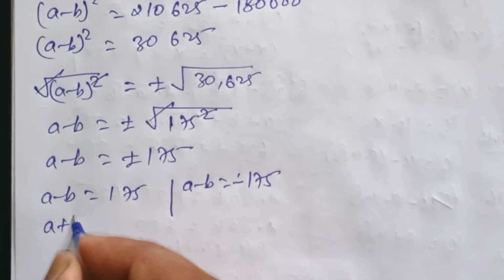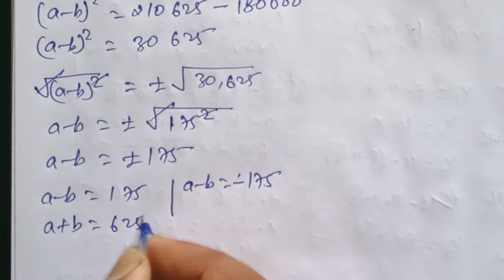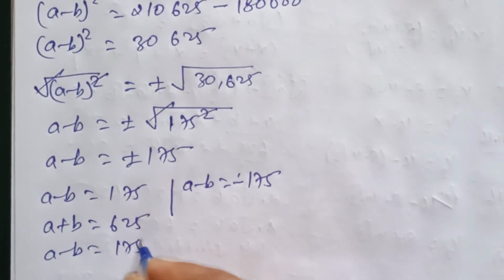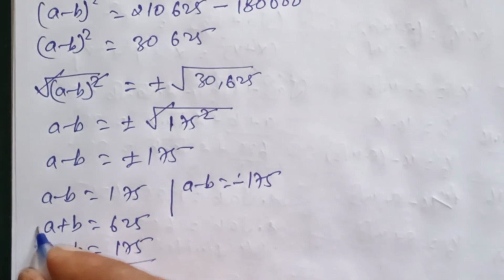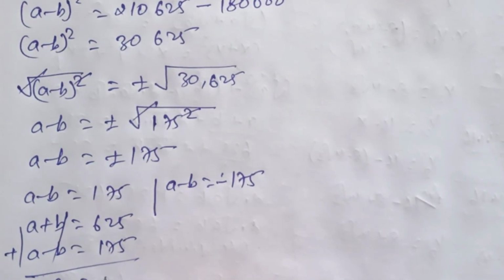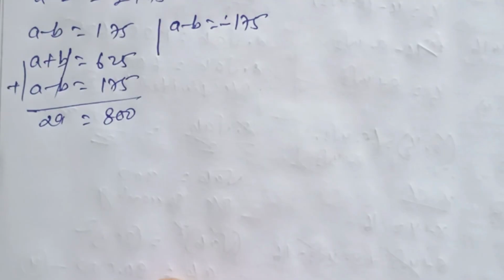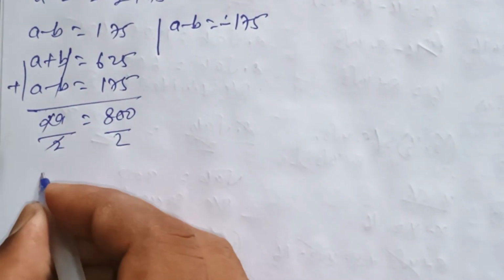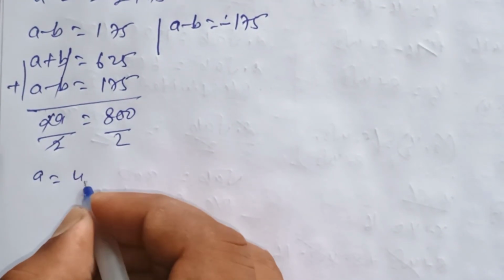Therefore a plus b is equal to 625 and a minus b is equal to 175. Adding these, b cancels, so 2a is equal to 800. Both sides divided by 2, the 2 cancels, and a is equal to 400.